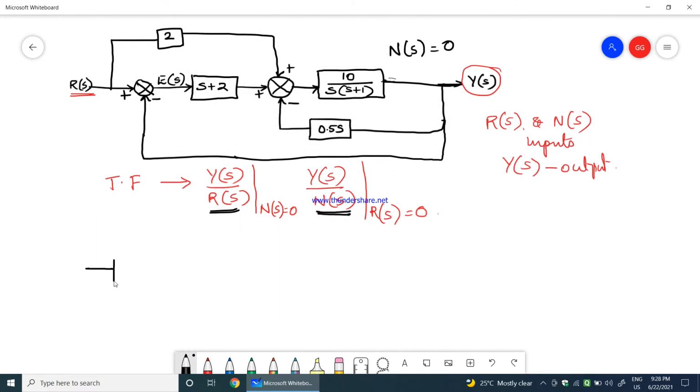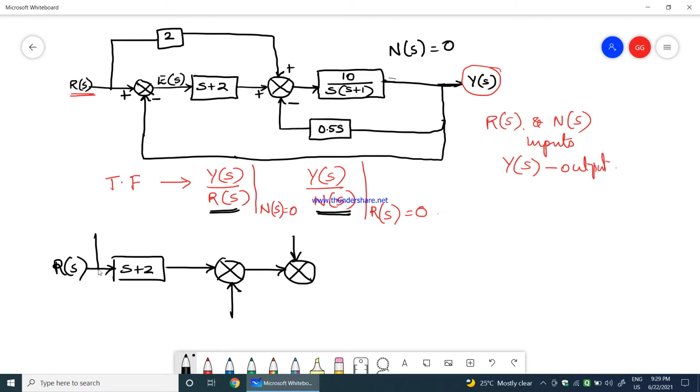I'll have R of S with the block S plus 2. Now this is coming to a summing point, which is connected to another summing point. This is coming from this position, which is 2, which will be connected to this.